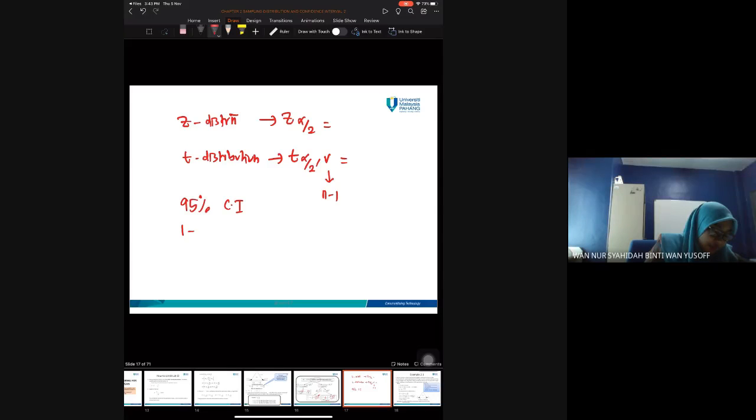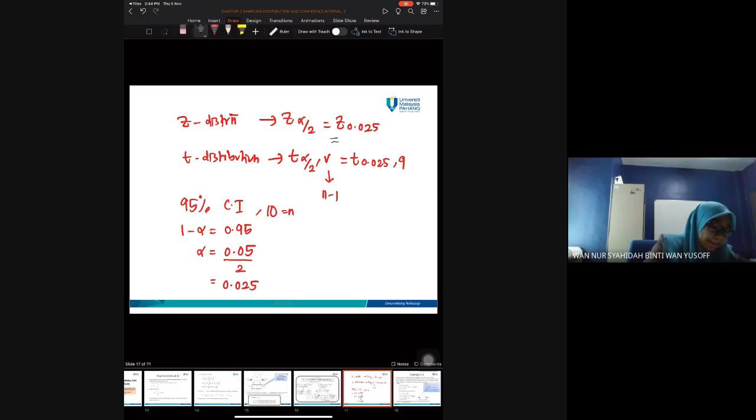So 1 minus alpha equals 0.95, so alpha equals 0.05. But what we need is alpha divided by 2, so we have 0.025. So we need here Z 0.025. For the T distribution, we need alpha divided by 2, 0.025, and the nu degree of freedom. Let's say that we have 10 for the n. So n minus 1, we have 9.